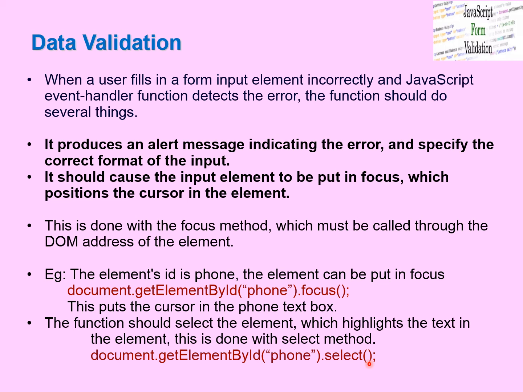If you want to select the incorrectly specified data, we have to use the select method. And if you want to focus on a particular input element again, we have to use the focus method.